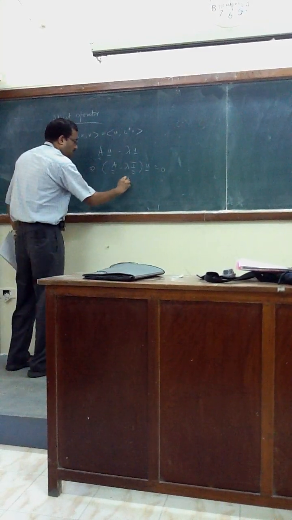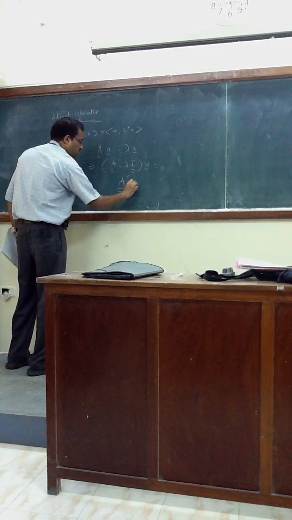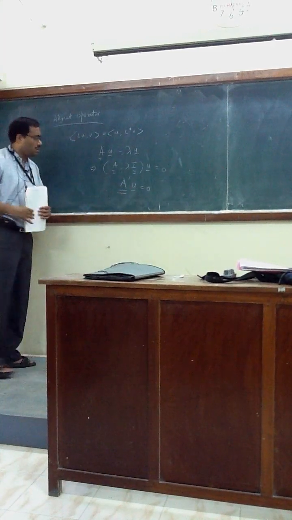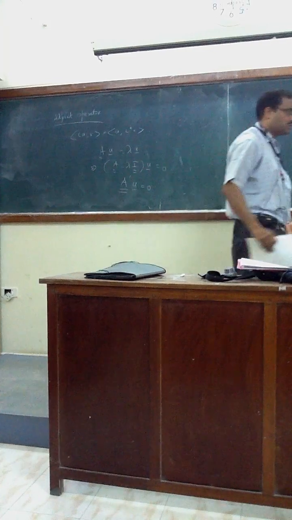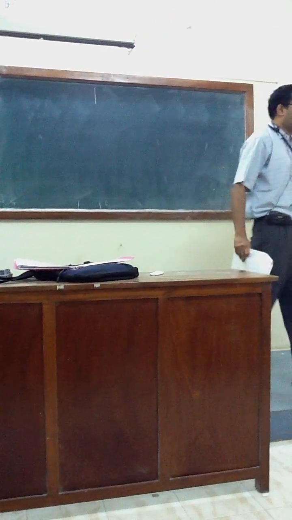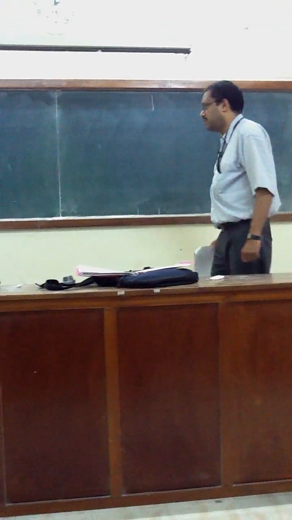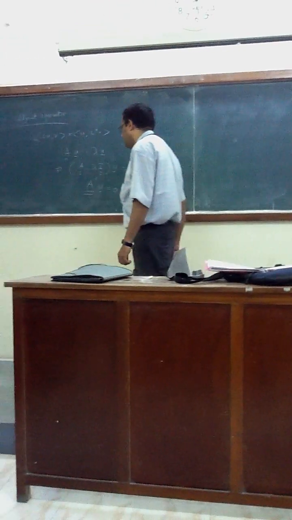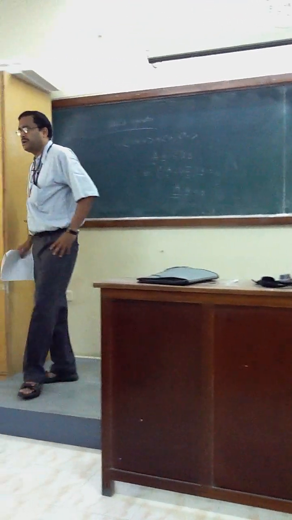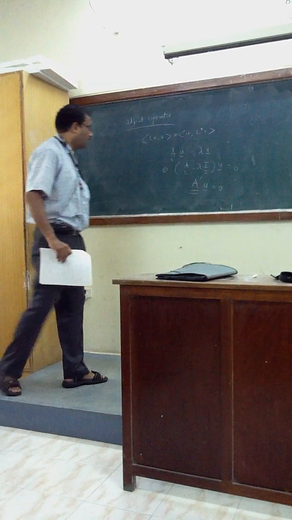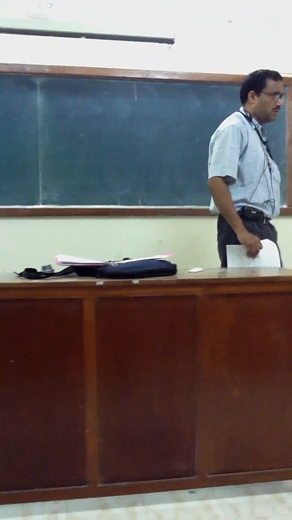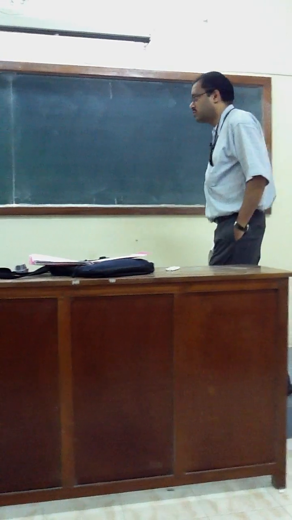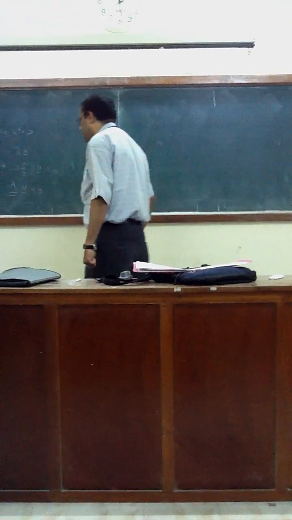You can think of it as an A prime matrix times a vector equal to 0, like an Ax equals 0 system. Since the determinant of A minus lambda I equals 0, the solution u is not trivial and it belongs to the null space.